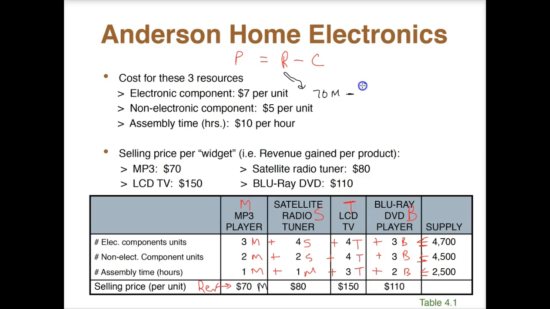My cost, however, is going to be a little different. So here it takes me 3 electronic components, and I know that each electronic component is $7 a piece. So that's going to be basically 3M times 7 because of the $7 per unit.